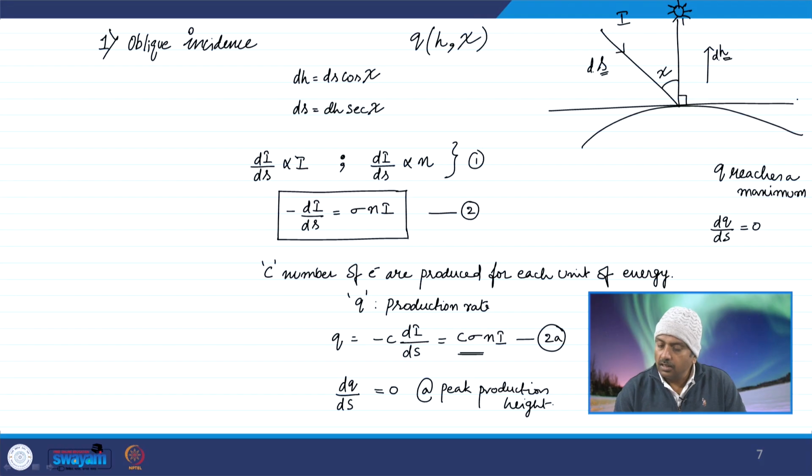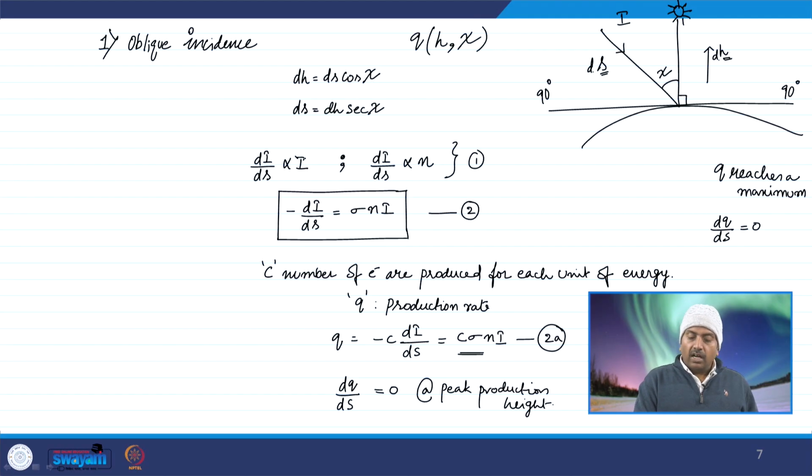Assuming at the sunset and at the sunrise the angle is 90 degrees, okay, and in the mid afternoon the angle is 0. We have taken the radiation to be incident at an oblique angle chi, which you call as the solar zenith angle, and the rate at which this intensity decays with respect to the oblique altitude seems to be dependent directly on the original intensity and the number density which it is interacting with.